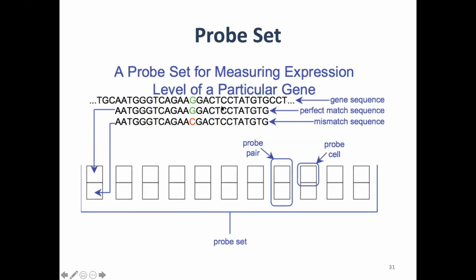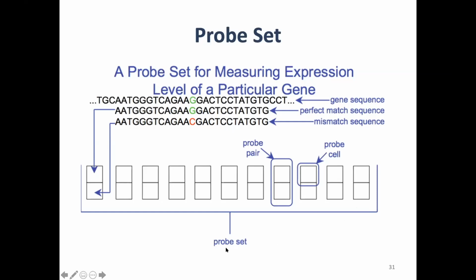This is a perfect match sequence. And a mismatch sequence is also designed. The mismatch sequence is the same thing, only in the middle one base pair is changed to its complement. The complement of G is C, right? So only one base pair is changed to create the mismatch sequence. And this is the probe set.